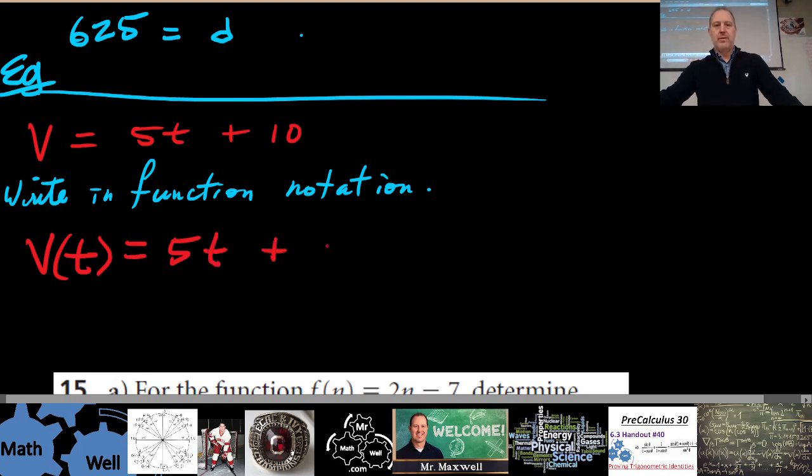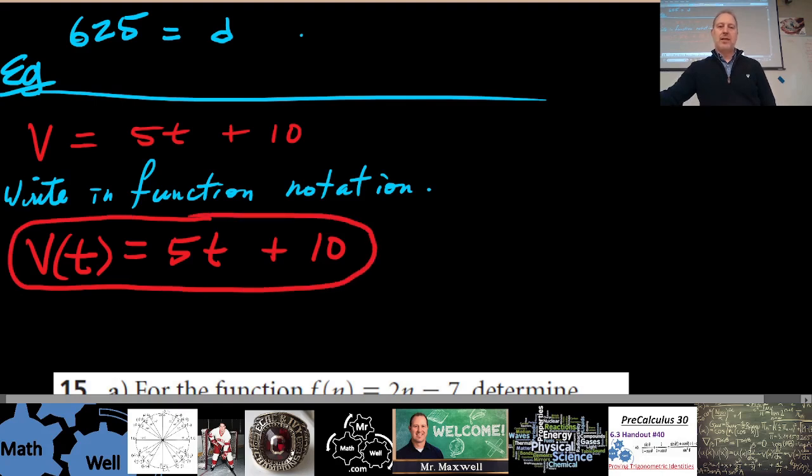Nope, I wouldn't. No, you do not have to bracket the t. Good try, but no. Okay, so that's pretty easy, right? You just take the variable that you see over there and you put it in brackets behind the other letter. So yeah, you're going to be asked to do this too.